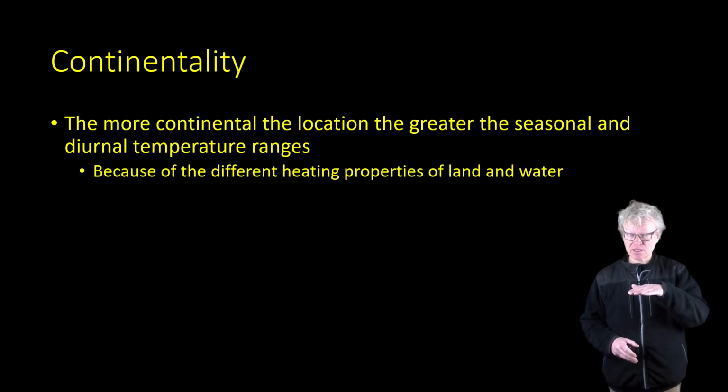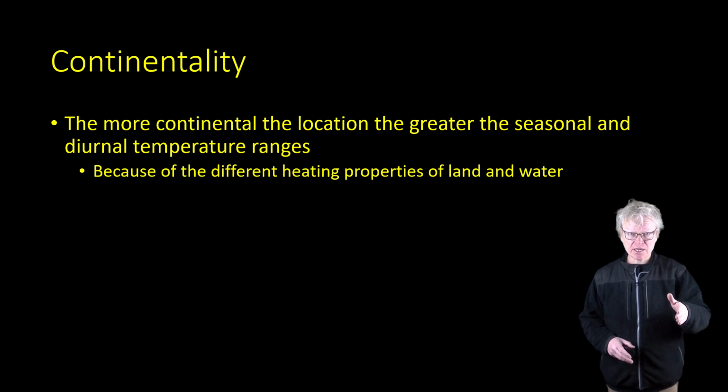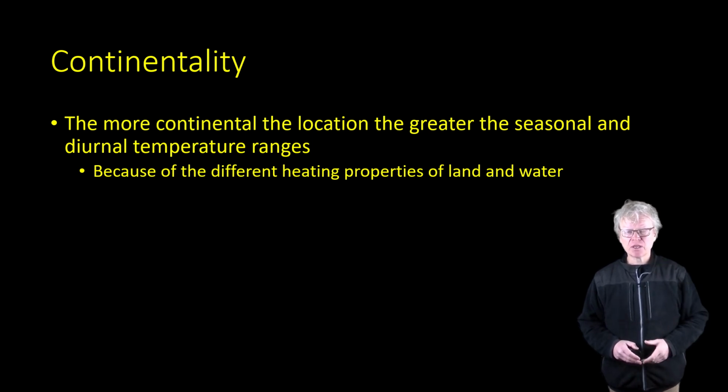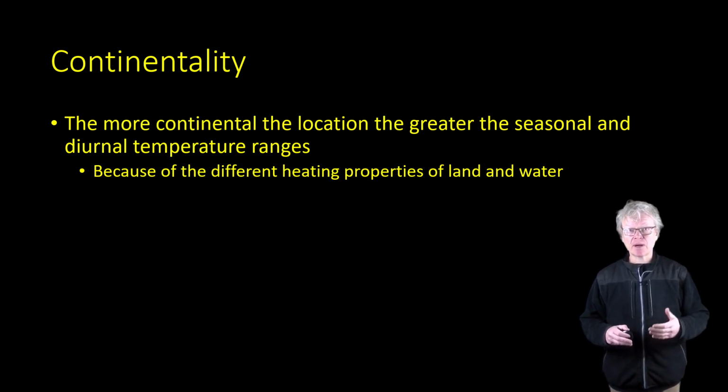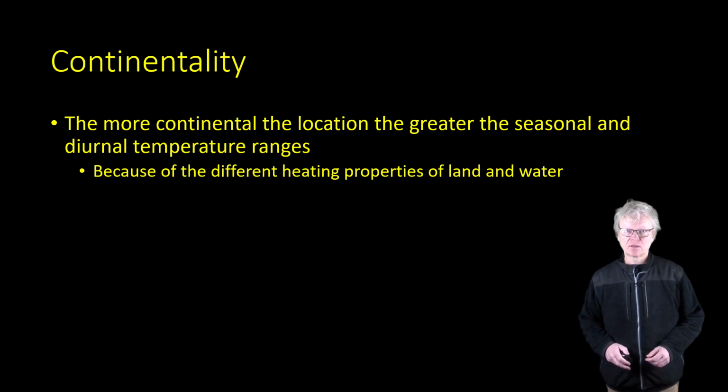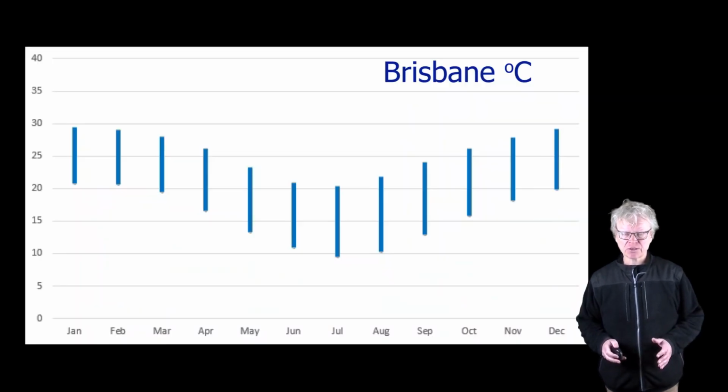But if you go to the same altitude and same latitude, in the centre of Australia, you can see that the differences are much, much greater. So let's have a look at Brisbane, which is a good one to look at because we can go at the same latitude well into the middle of the continent.